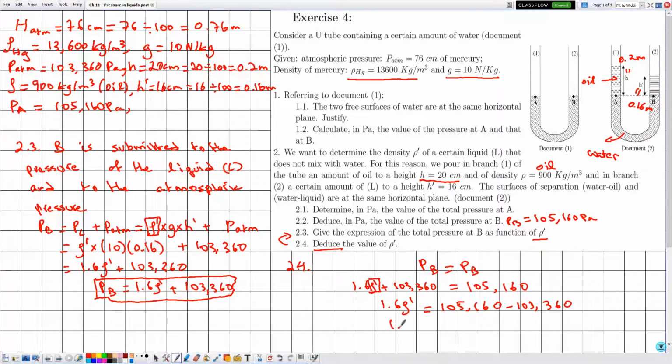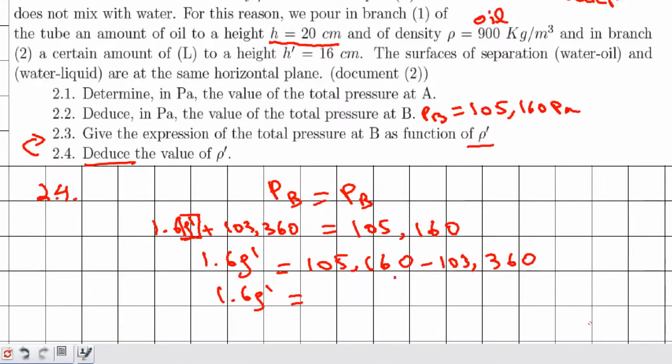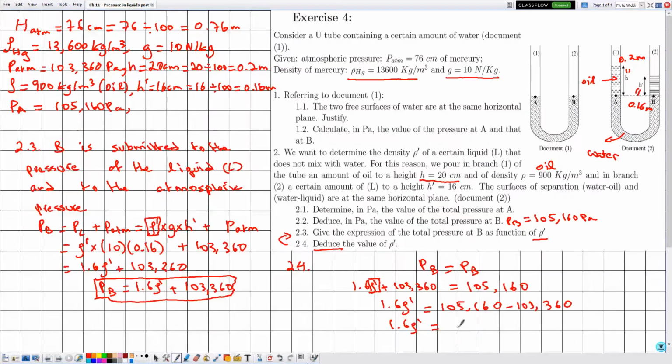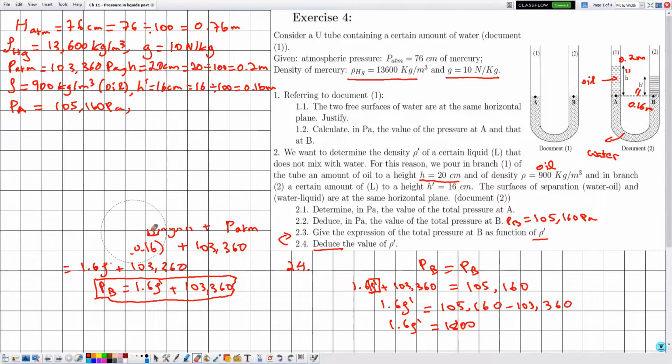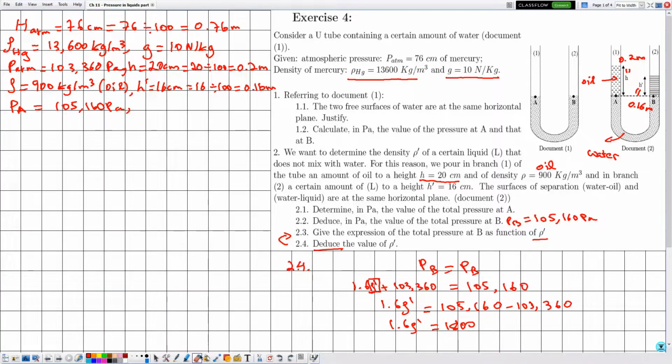So 1.6 rho prime is equal to, now plugging this on the calculator, 1,800. Then 1.6 rho prime is equal to 1,800.